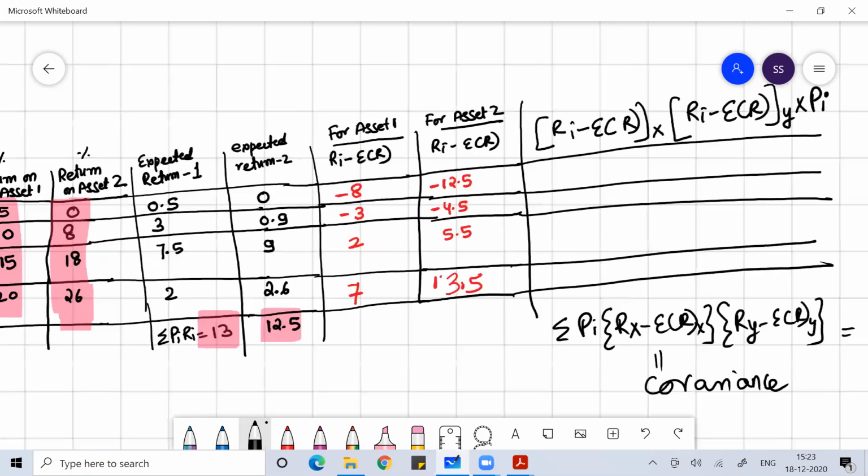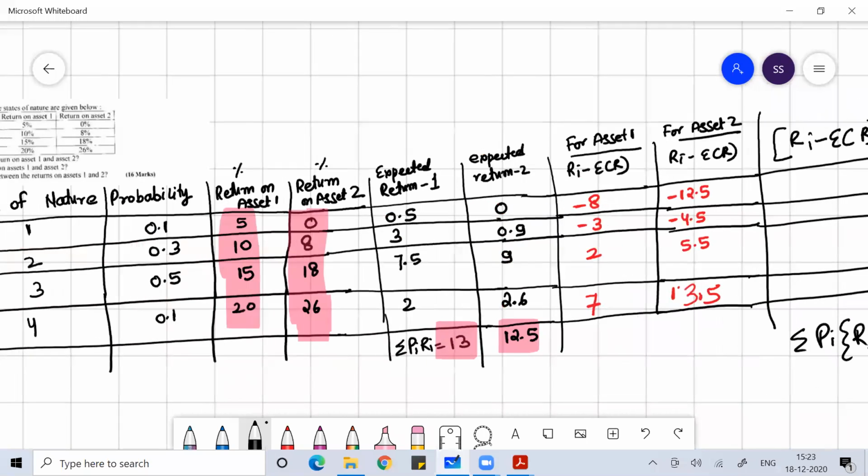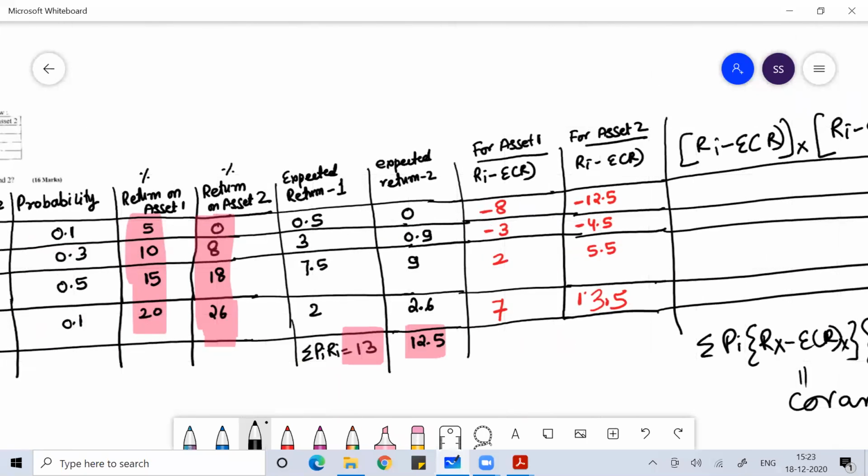So minus 8 into minus 12.5 into 0.1: minus minus is plus, so 8 into 12.5 into 0.1 gives 10. Next, minus 3 into minus 4.5 into 0.3, minus minus is plus, so 3 into 4.5 into 0.3 gives 4.05.